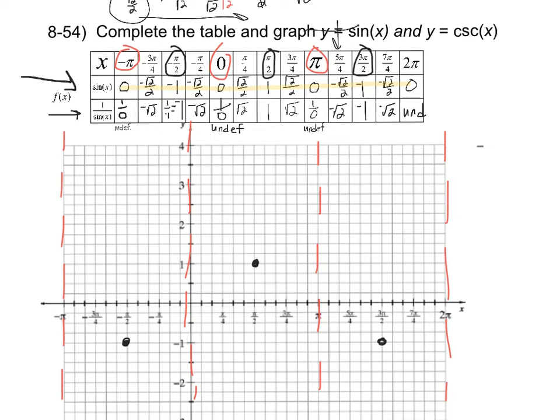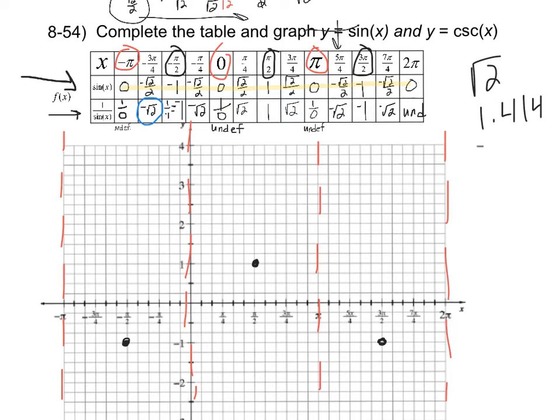What about our pi over 4's? Take your calculator and take the square root of 2, and you're going to get 1.414. So this is going to be a negative 1.41.